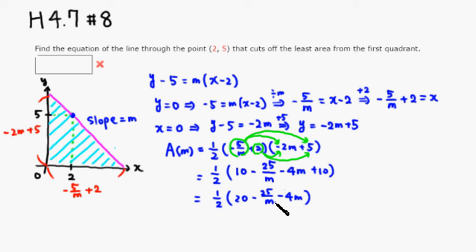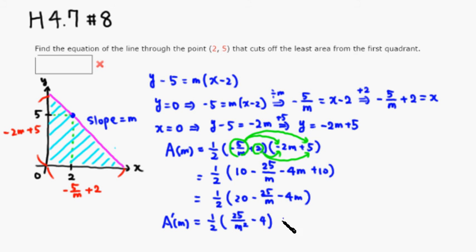If you take the derivative, A prime of m is equal to, so 1/2 is just a constant multiple, and the derivative of 20 is 0. The derivative of negative 25 over m is 25 over m squared, and the derivative of negative 4m is negative 4.